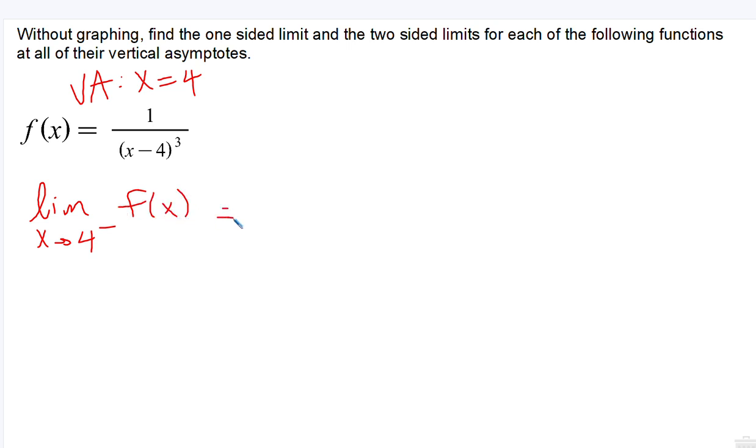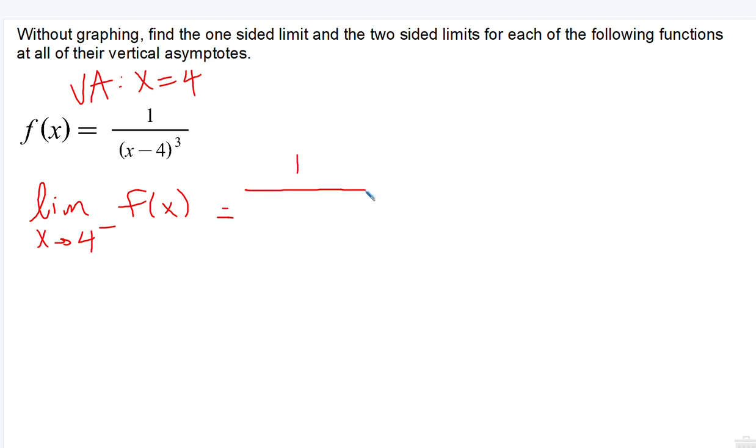So if we think about this, we're just going to think intuitively. If we approach 4 from the left-hand side, that means we're plugging in something like 3.99999999999. Well, 3.999999999 minus 4 is just going to be a really small negative number.